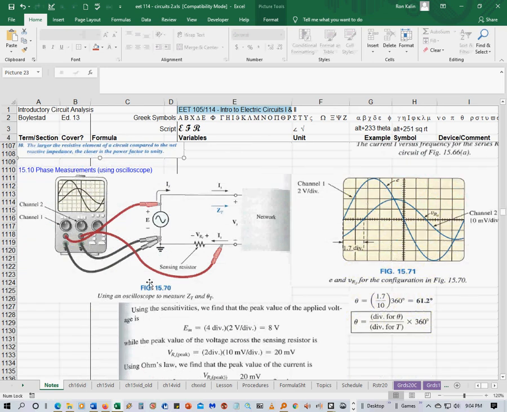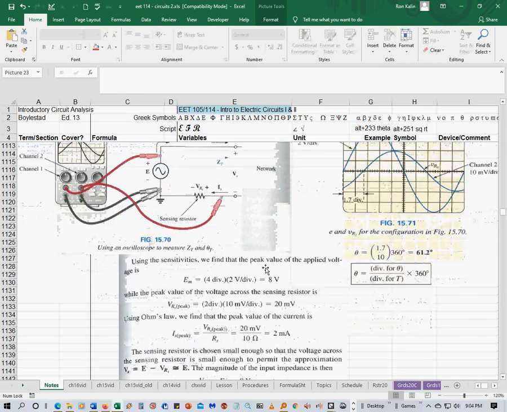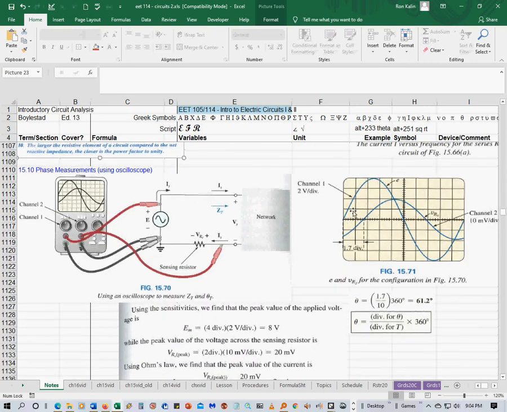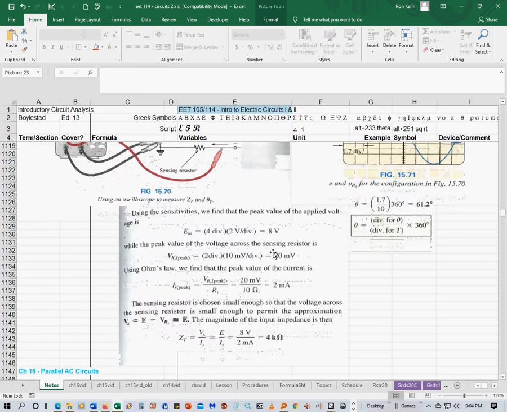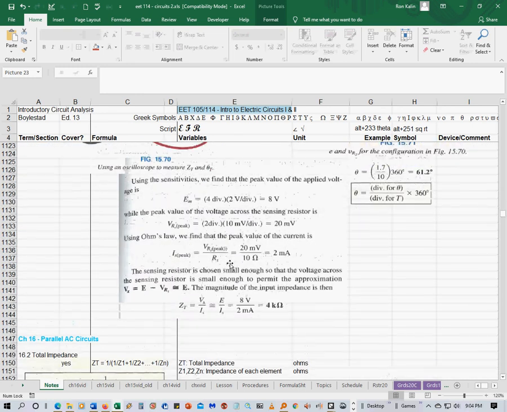And then the last section in the book just shows you how to connect an oscilloscope and measure phase angle. It's showing that there's an actual phase difference between, if you look at this zero crossing and this zero crossing, you can see that the current is leading. In this example, it's leading the voltage, and it goes through some calculations here.